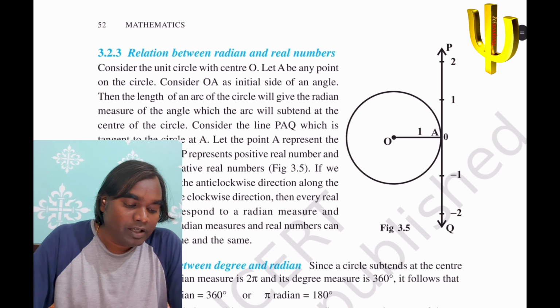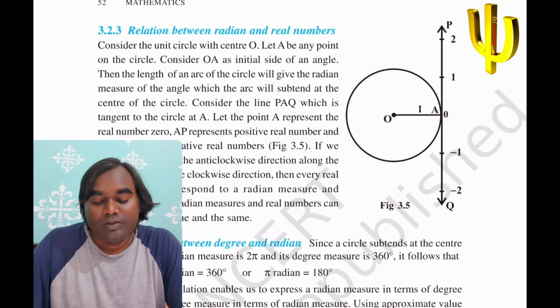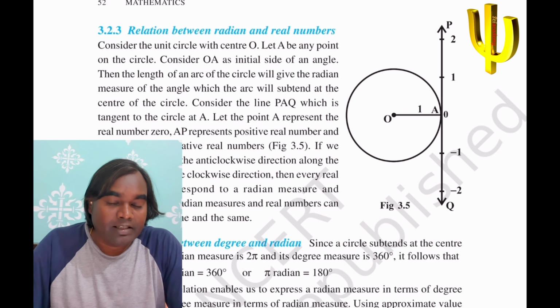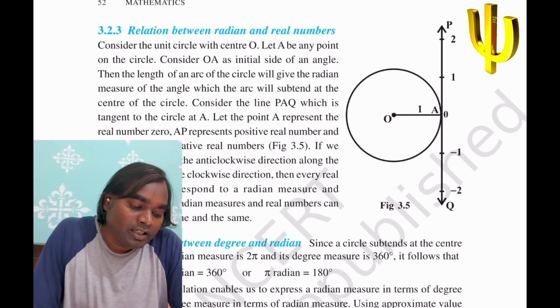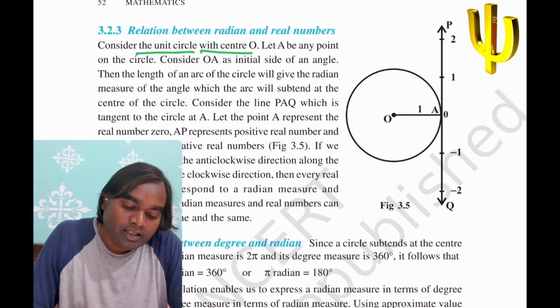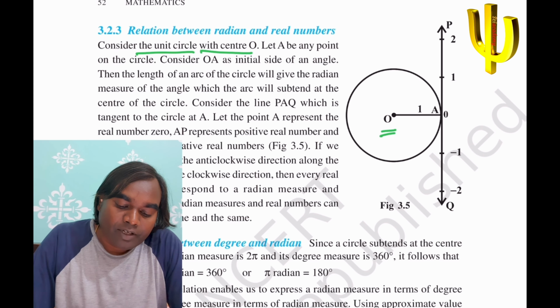So now, the relation between radian and real numbers. How can you define a relation between a real number and radian? For this, let us consider the unit circle with center O. So this is the circle with the center O. Let A be any point on the circle.